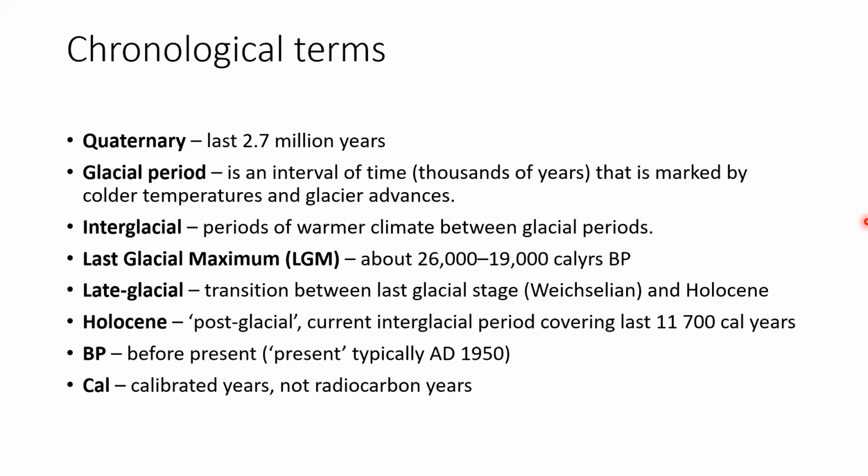But then you can also see the short word cal, and that means that the given years are calibrated years and not just basic radiocarbon years. And there are different ways of calibrating different kinds of proxies for dating, and I'm sure Jon will talk about these more, but these are just the most typical, because usually the research covers the Holocene period or the period that can be covered with radiocarbon dating.